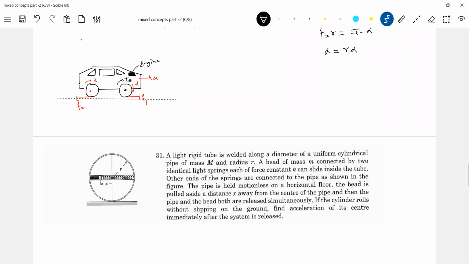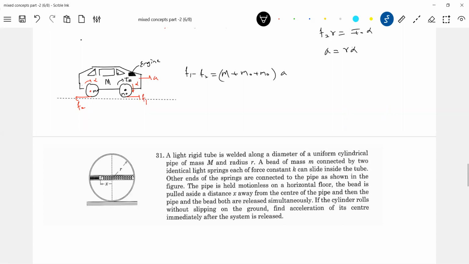So in this case, what you can write: F1 minus F2, total mass m naught, into A. This is the net force acting on the system.